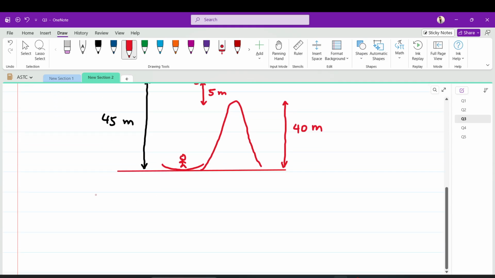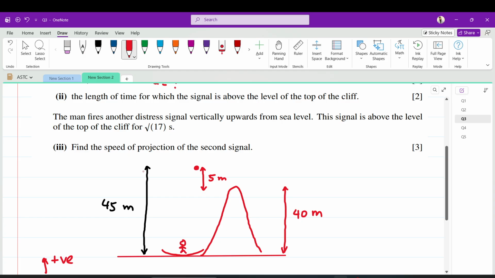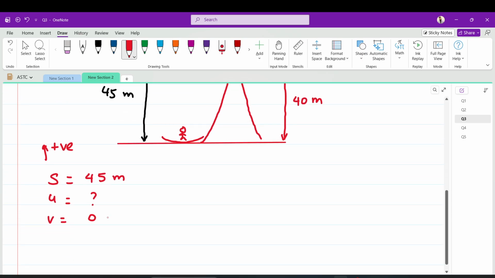Okay, so first let us write the data that is given to us. S will be 45 meters and I'm going to consider upwards as my positive direction. U is what we need to find. Okay, v will be 0 again. Why? Because it reaches the top, right? So that means that's the maximum height that it has reached. So therefore the final velocity will be 0, and we know acceleration, that is minus g, which is minus 10 meters per second square.